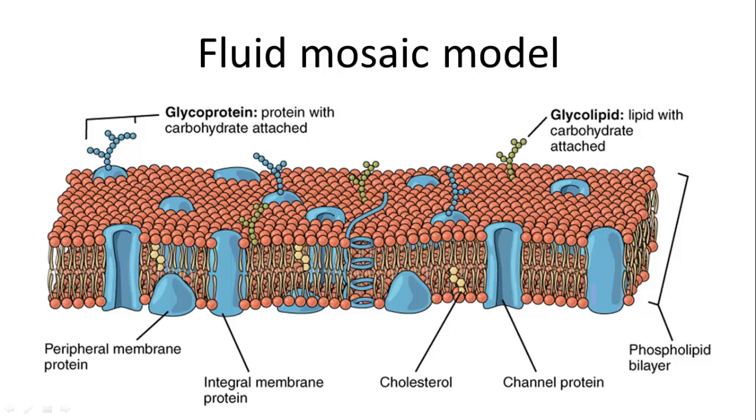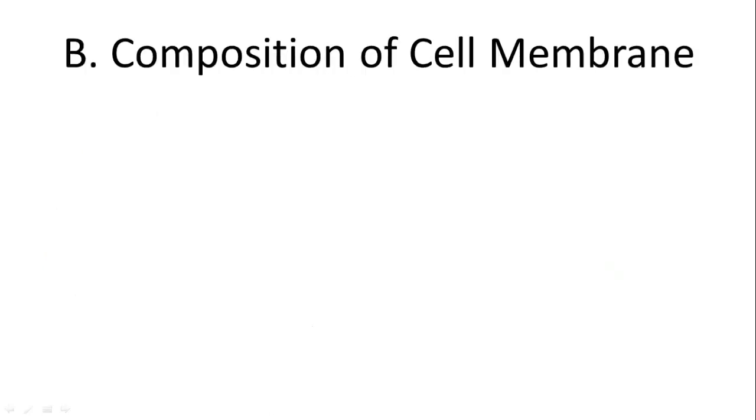You have proteins that go inside or outside or span the whole cell. You've got glycoproteins, glycolipids, all these other things. The main composition, or the main 5 things, are: first, you have protein complexes. About 50% of the cell are these proteins.